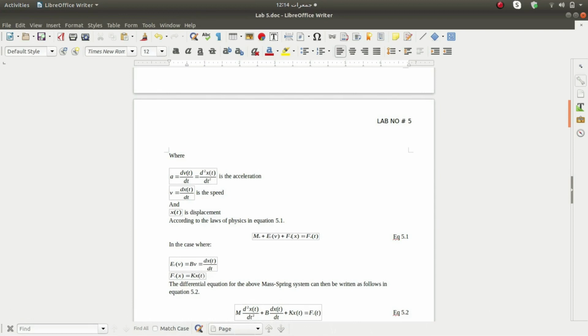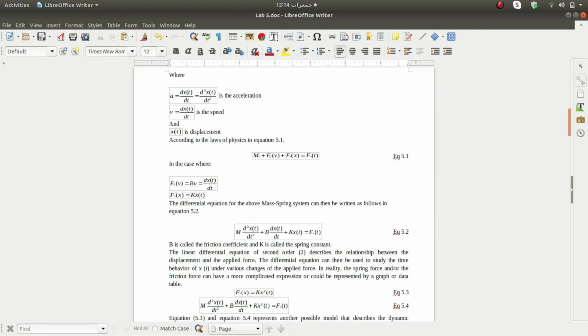Then we have the spring force. Spring force will be equal to the spring constant multiplied by the displacement. Now we are going to put these values in equation 5.1. You can see the mass constant is m, and acceleration is the second derivative of displacement, as we supposed here.